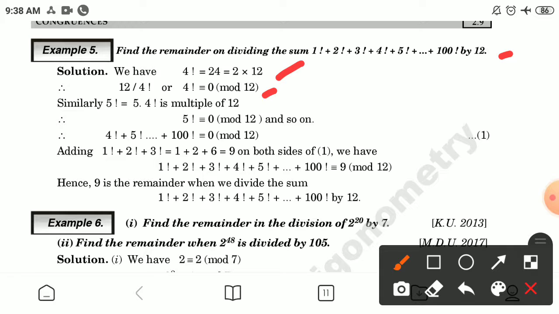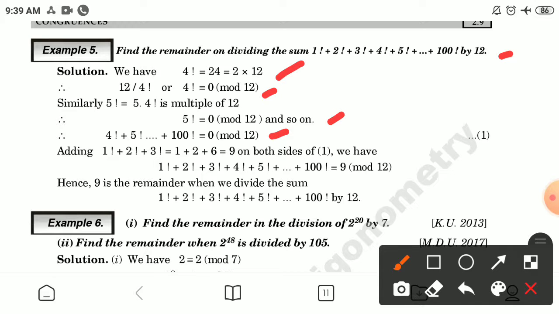Similarly 5 factorial is equal to 5 into 4 factorial, a multiple of 12. Therefore 5 factorial is congruent to 0 mod 12, and so on. Therefore 4 factorial plus 5 factorial plus up to 100 factorial is congruent to 0 mod 12, marking this as number 1.